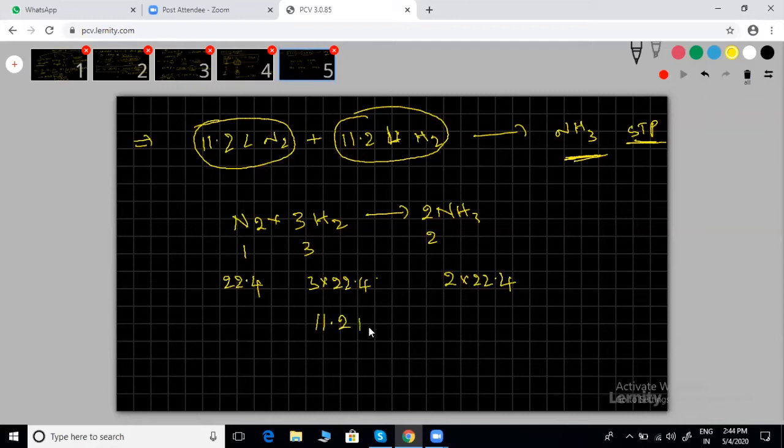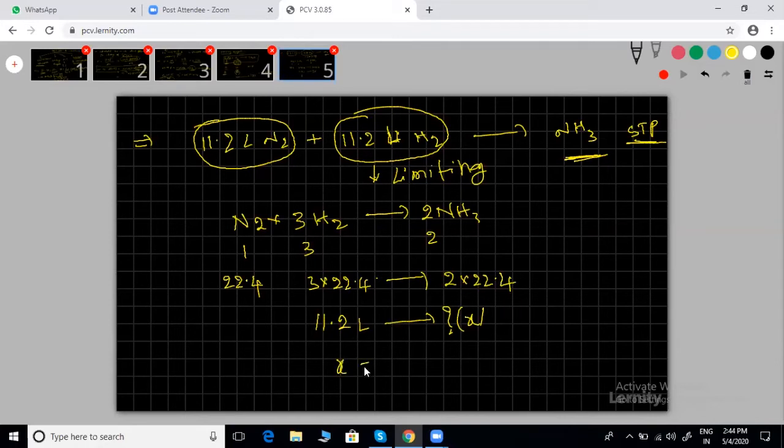We know that 3 into 22.4 liters will give 2 into 22.4. Then how much will 11.2 liters give? This is the question. So first find which is the limiting reagent; here it is hydrogen. Once you find the limiting reagent, we calculate according to it. According to the equation, 3 into 22.4 gives 2 into 22.4, then 11.2 will give how much?